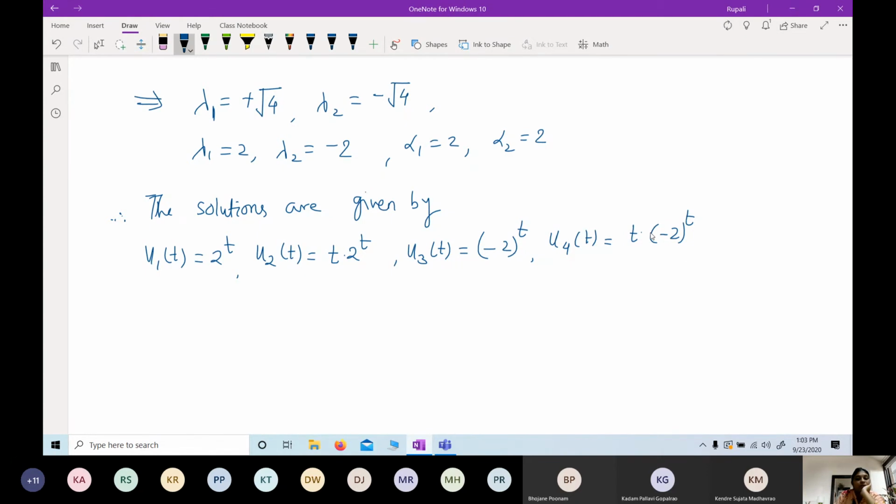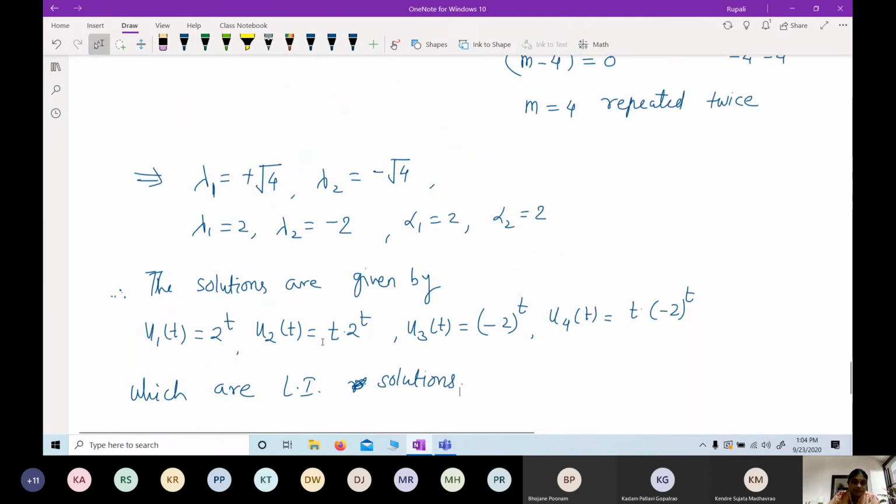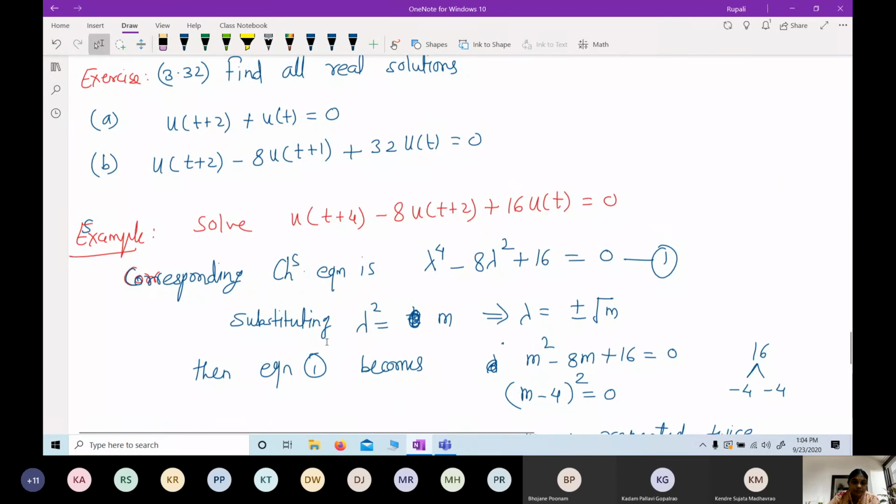These are the 4 different real, linearly independent solutions. We can easily check this again, either by finding the Wronskian or by C1, C2, C3, C4 constants. Is that okay? Yes.